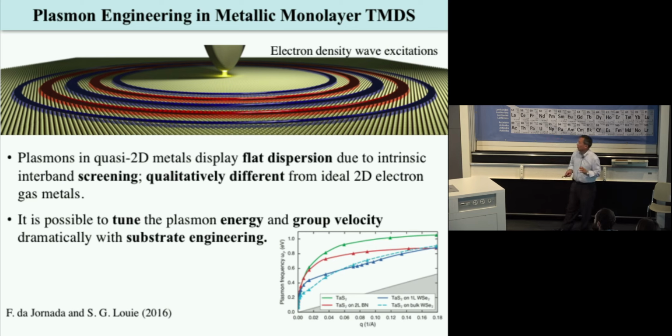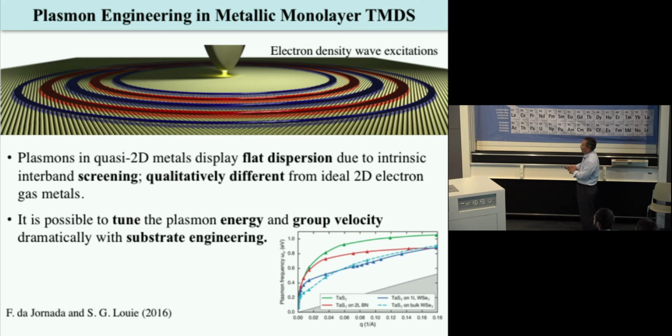Even more interesting is that if you put the metallic 2D crystals on a substrate, then the plasmon dispersion can be changed very much.